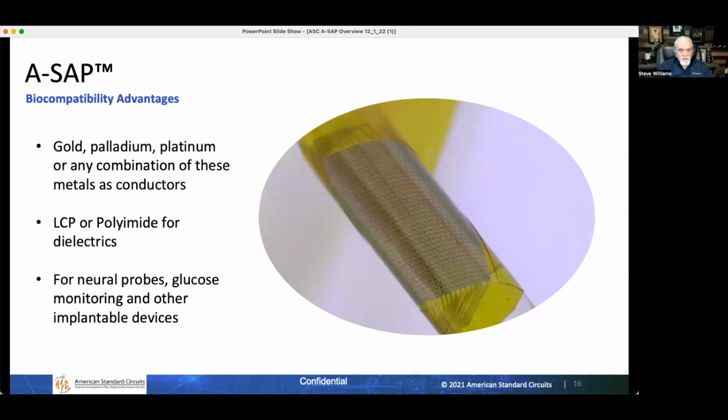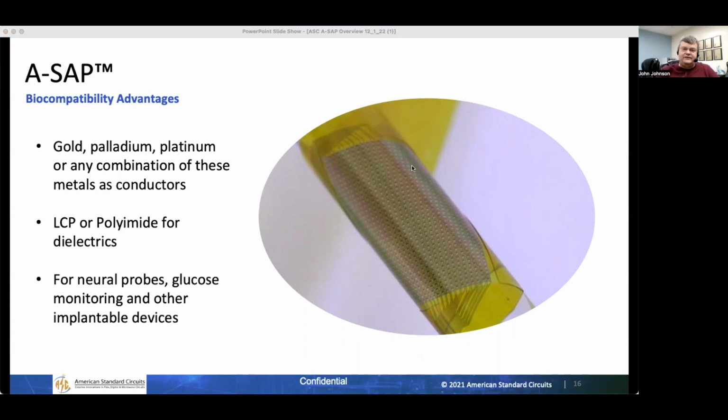And you talked a little bit earlier about biocompatibility. This is just a good visual that this stuff works with just about any combination of those metals. Right, that's the beauty: you get the noble metal that is stable inside the body, and if it's on an LCP or polyimide material, folks are using that now in neural probes and glucose monitors and other types of implantables.